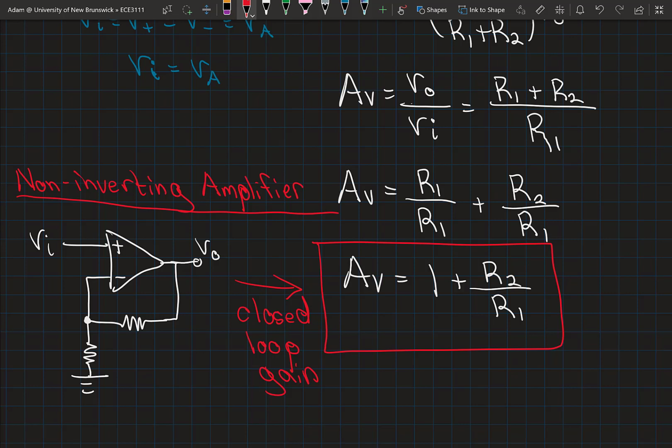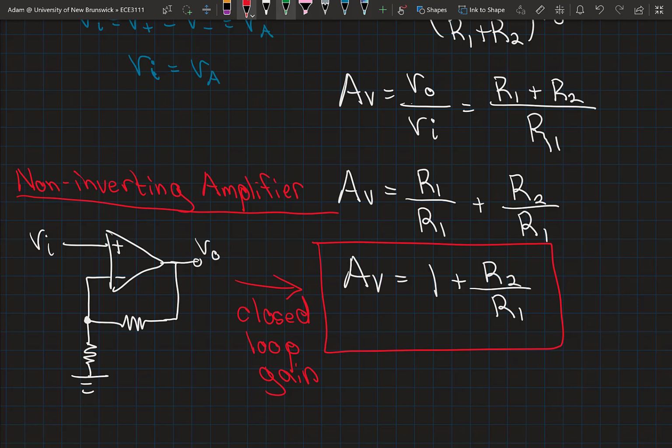Okay, whatever signal is applied to the input will have the same phase, if you want to think about it that way, or it will be going positive at the same time as the output is going positive, right?